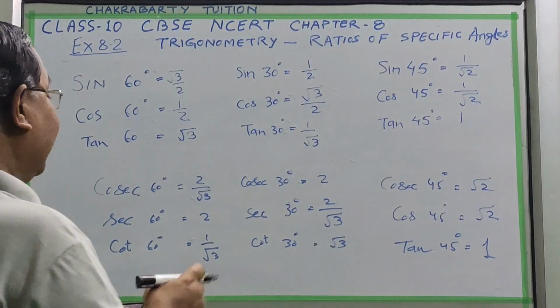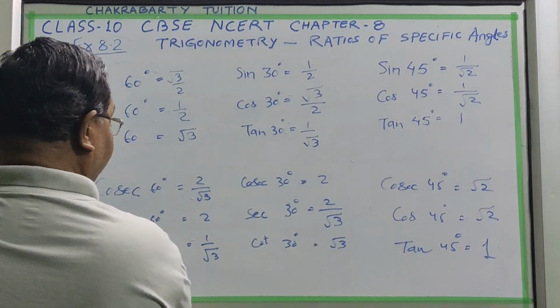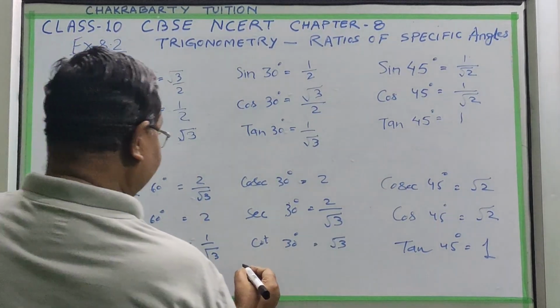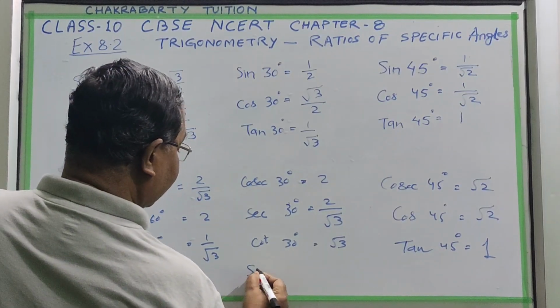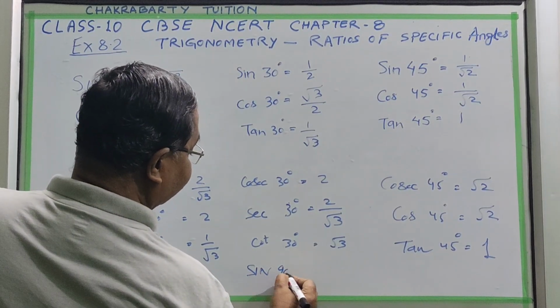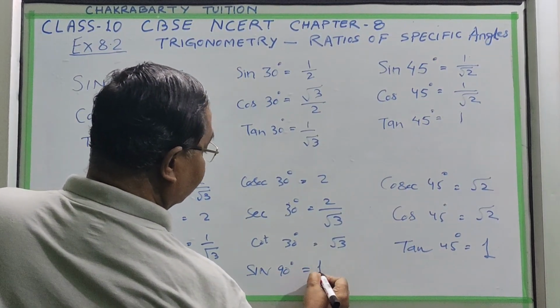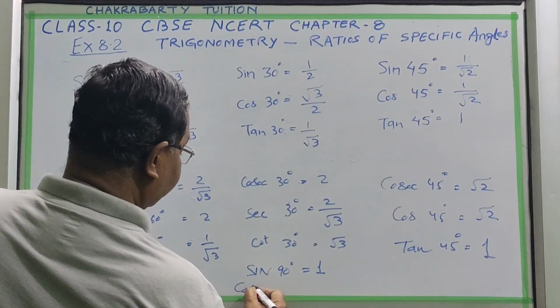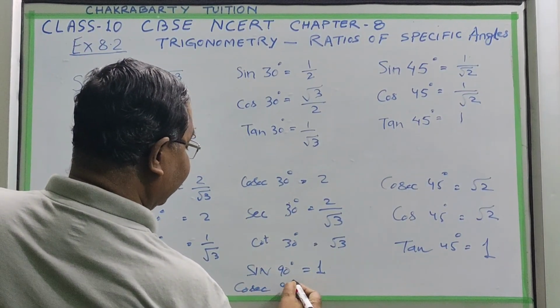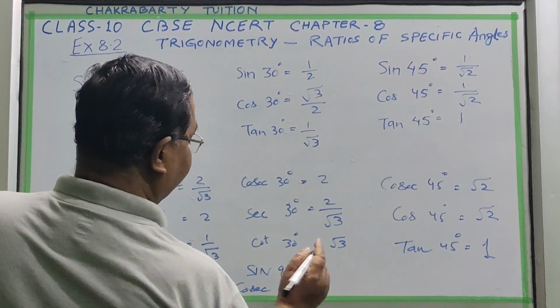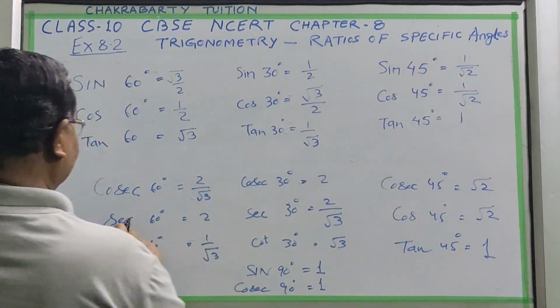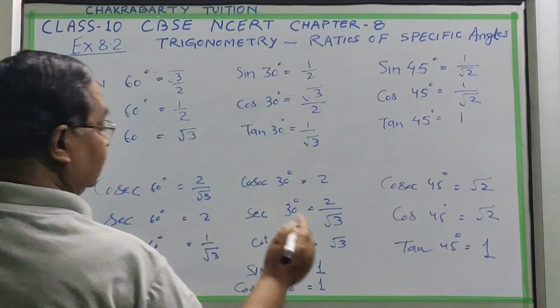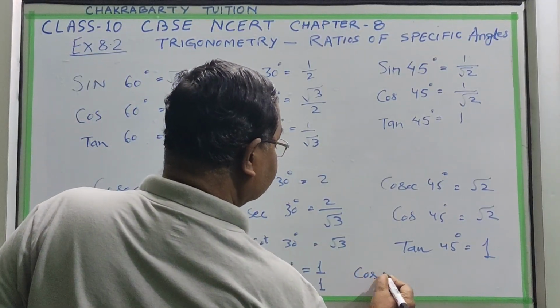Now in addition to this, we have two others, that is sine 90 degree. Sine 90 degree is equal to 1, you learn this. And the opposite of sine is cosec, so cosec 90 degree will also be equal to 1. This you learn. And the other thing you learn is cos 0.